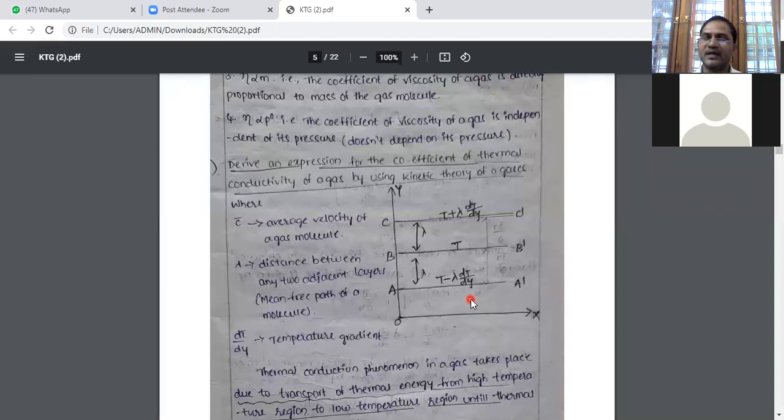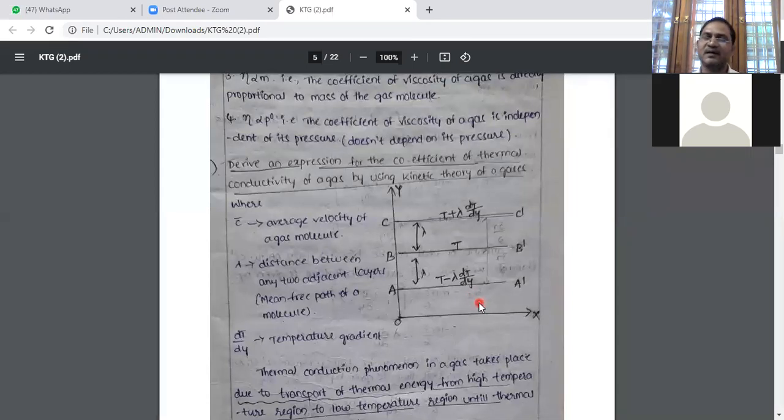The net number transferred is J equals J1 minus J2. But according to the general concept, J is proportional to area, time duration and concentration gradient. By equating those two expressions, finally we got capital D equal to 1/3 lambda C bar.